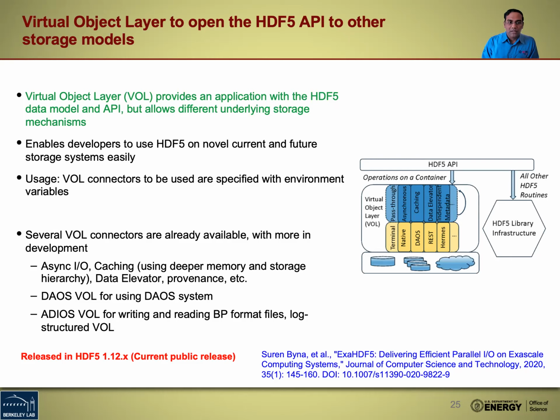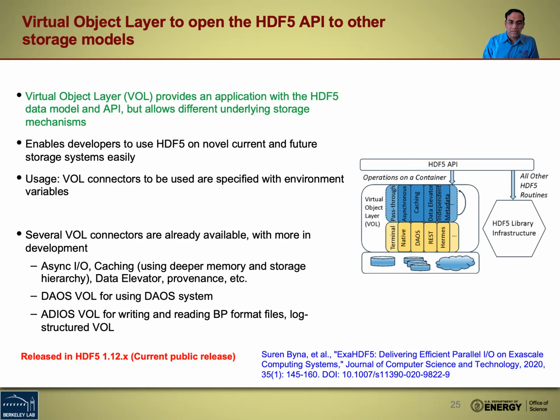There have been several virtual object layer connectors already available. Some of them we are developing, such as asynchronous, caching, data elevator, and independent metadata. And the native is something that has existed among the terminal virtual object layer connectors.